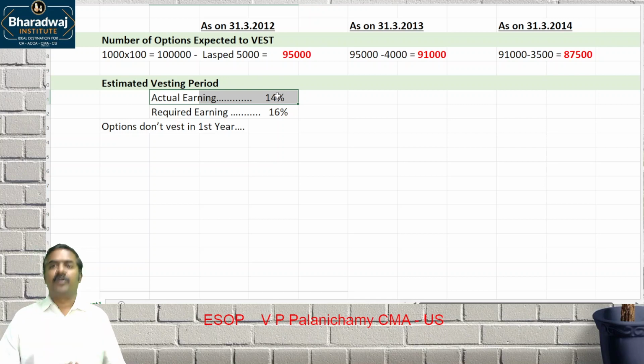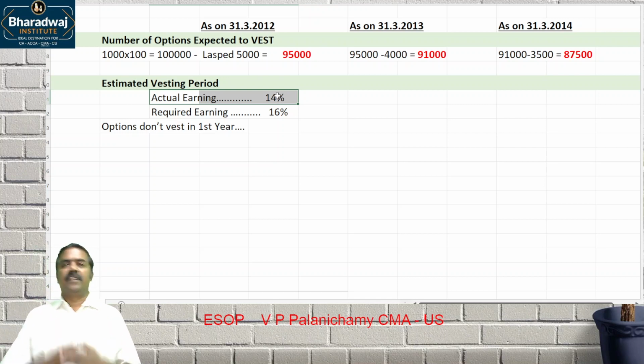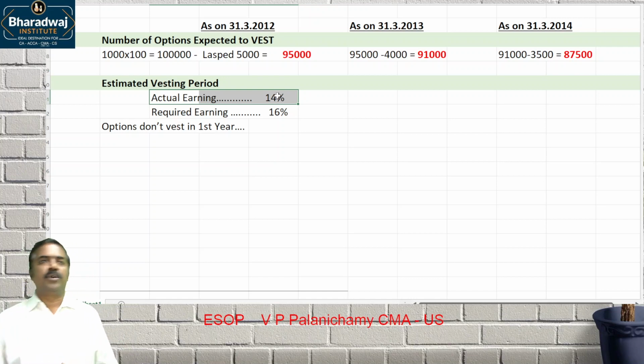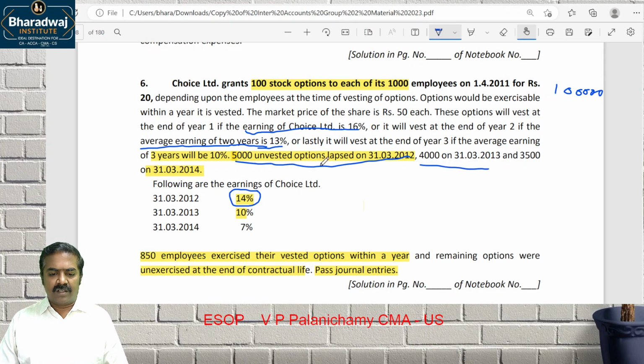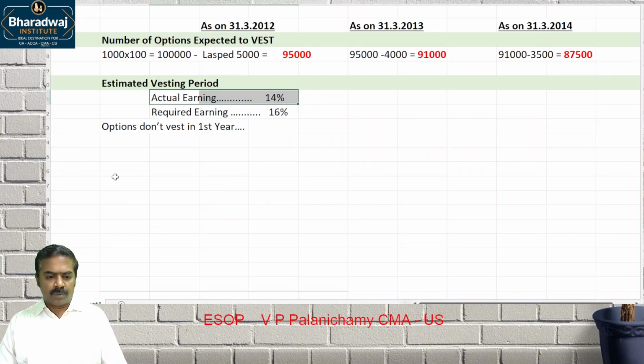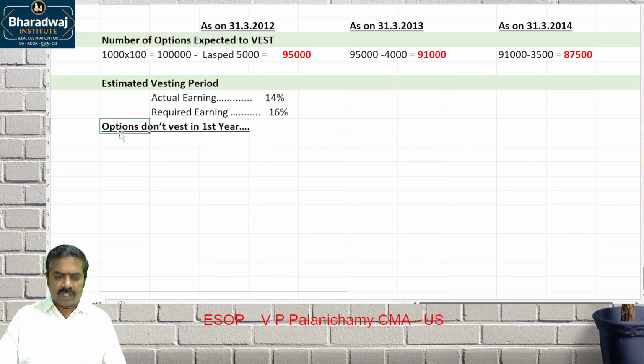If the same 14% earning is going to continue in the next year, this year 14%, next year 14%, average will be 14%. Look at the condition. Option will vest at the end of the first year if it is 16%. Option will vest at the end of the second year if the average earnings of the 2 years is 13%. So options do not vest in the first year. Am I clear in this?